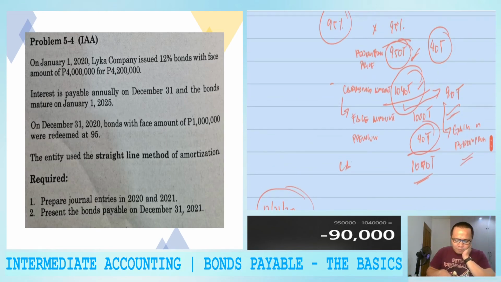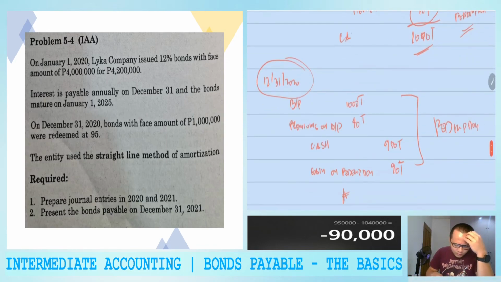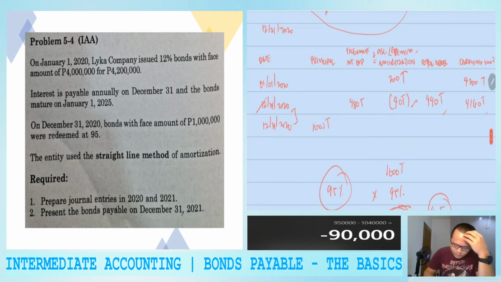Now, based on this table ngayon class, let's continue. So again, yung tinanggal natin na premiums dito, that is only 40,000, di ba? So, ang nangyari ngayon dito, the remaining carrying amount on December 31, 2020 is 4,160,000.